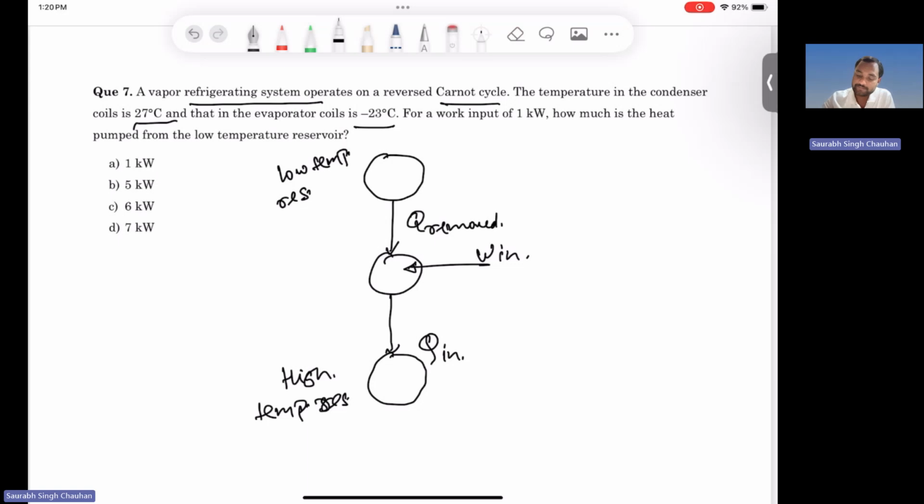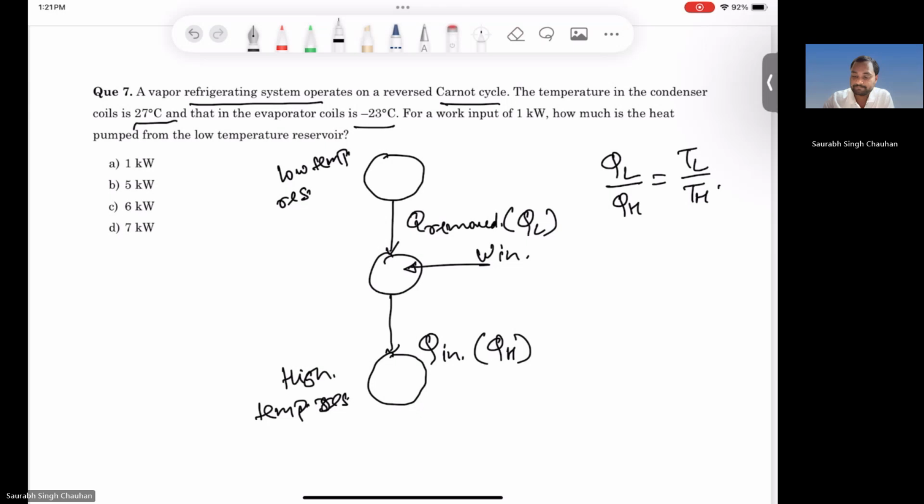So you have studied this relation. Let us write QL, because this is the heat exchange corresponding to low temperature, and QH is the heat exchange corresponding to high temperature. You have studied this relation: QL by QH is equal to TL by TH.